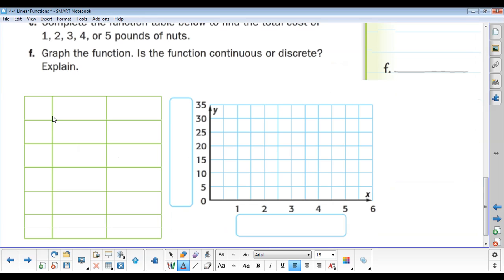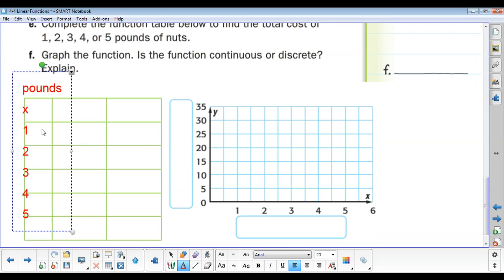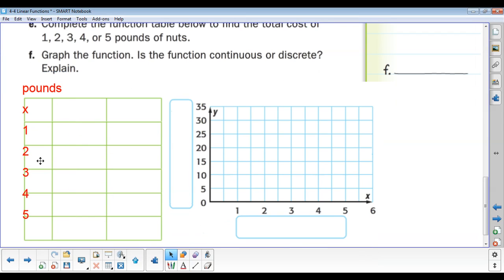So I'm going to go ahead and label my table accordingly. This is our pounds, that's the x, and they want us to use 1, 2, 3, 4, and 5 in our table. Happy to do it.